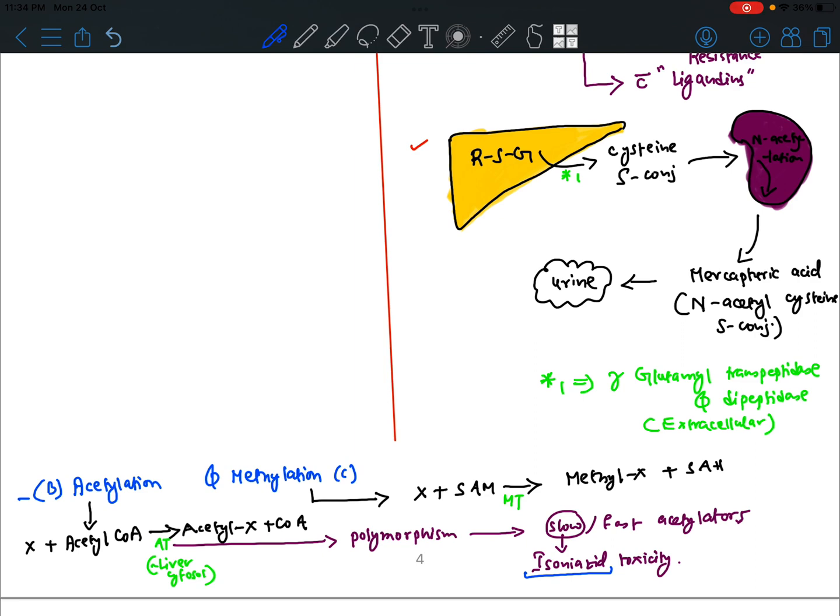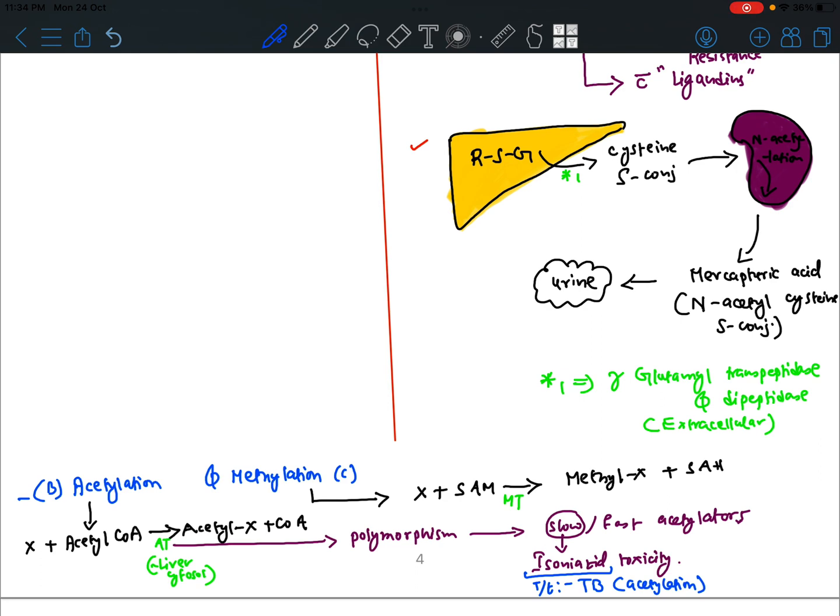So slow acetylation leads to toxicity, same as before, nothing different.